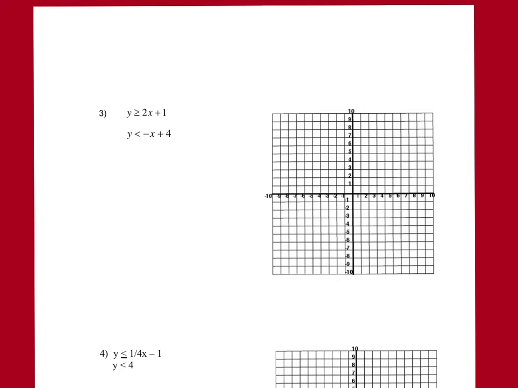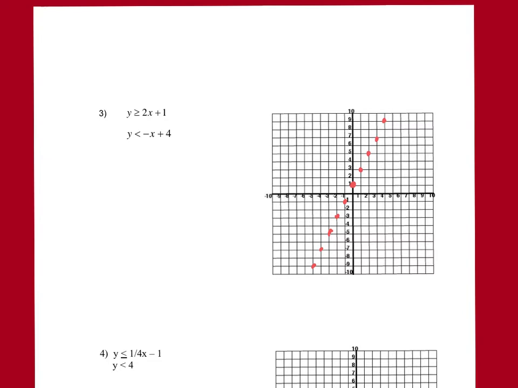y is greater than or equal to 2x plus 1. What should I do? Plot a point on 1 and then up 2, right 1, or down 2, left 1. And what kind of line is this going to be?